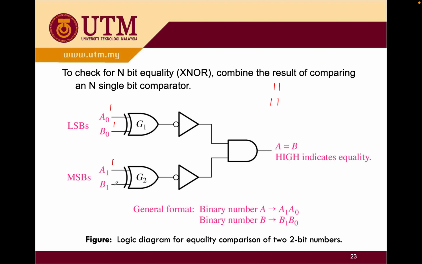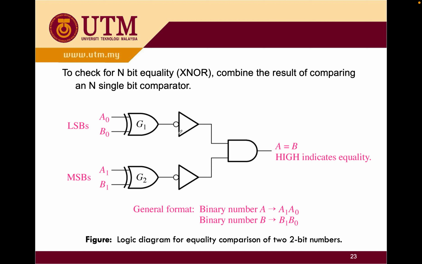Here we will get, if 1, 1 XOR, what happened? 1, 1 XOR, we will get 0 here, and here will be 1. Similar to this part, 0, this one will be 1. 1 and 1 is going to get high. See? So it's going to be equal.